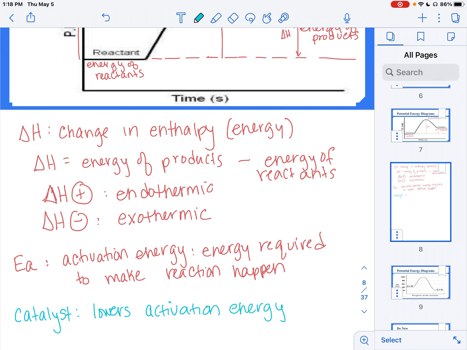A catalyst is not used up in the reaction. So it's something that you add at the beginning and then it is regenerated at the end.